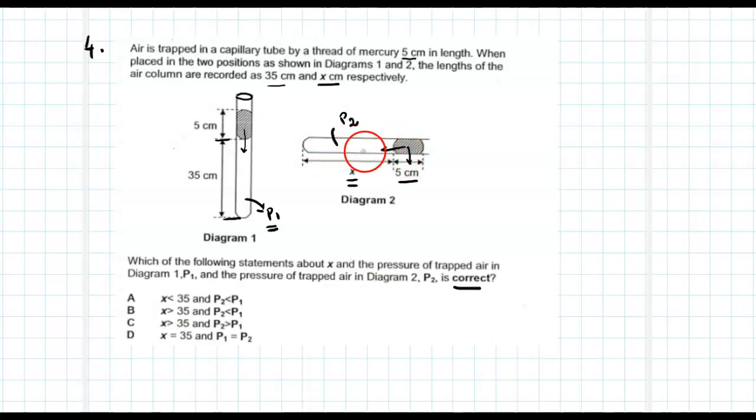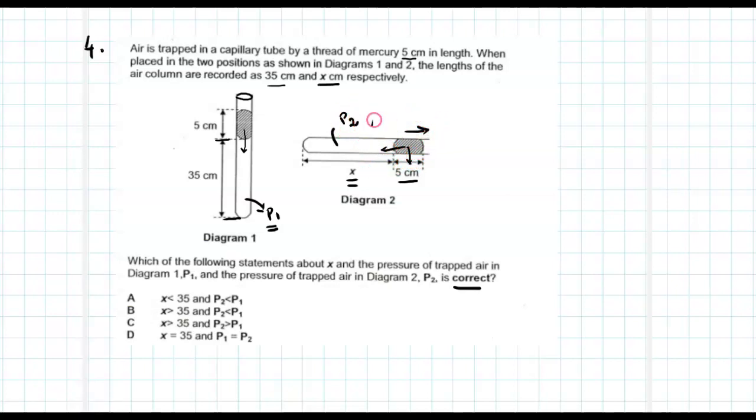The air pressure will push the mercury away to the right side, so the air will take more volume as it pushes the mercury away.